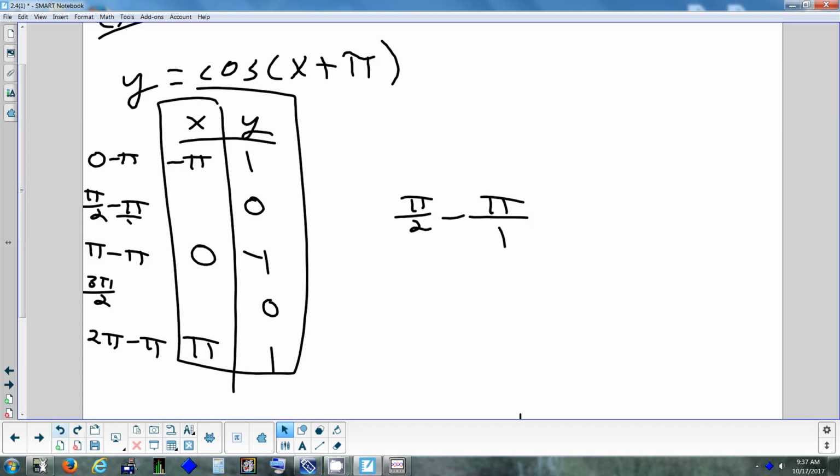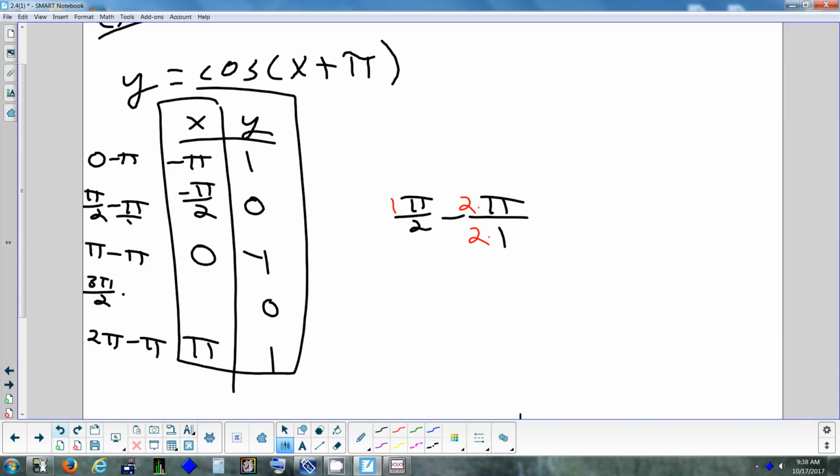So Haley, what's my common denominator here? 2. So I'm going to double the bottom, double the top. And what's 1 pi over 2 take away 2 pi over 2? Yeah, perfect. Negative pi over 2.